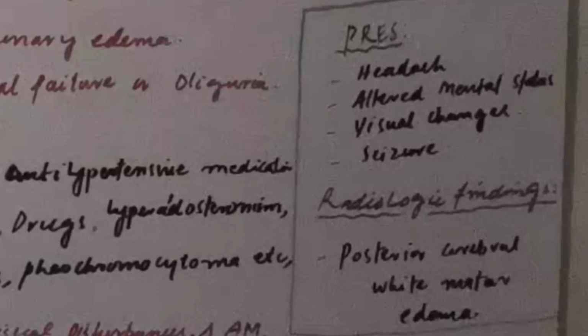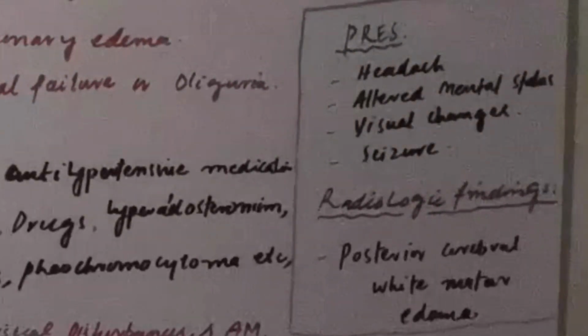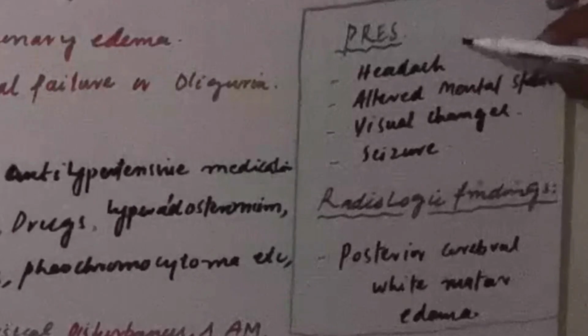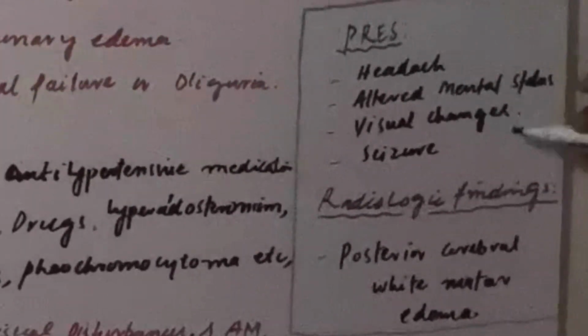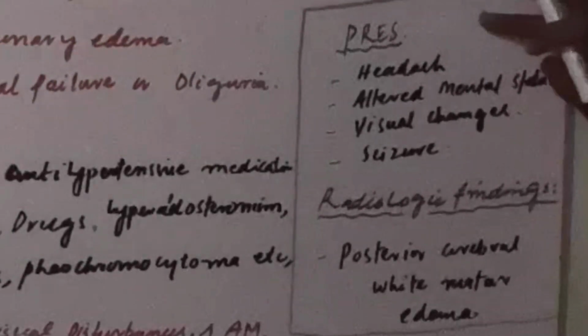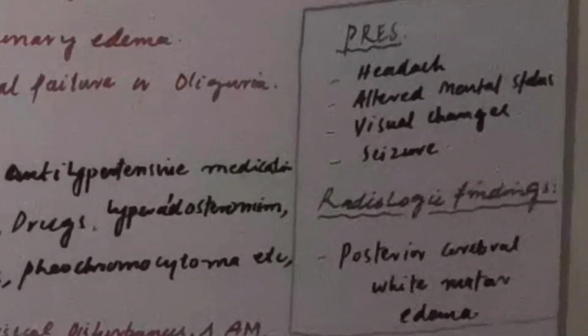So the cerebral vessel is then not able to autoregulate. As a result, the blood vessel becomes dilated and there will be extravasation of fluid into the cerebrum. So the patient will feel the headache and the mental status will change, and there will be visual changes and there will be seizure. So this is the clinical feature of the PRES.